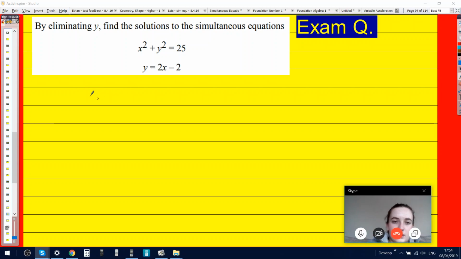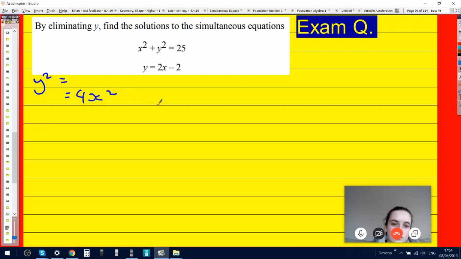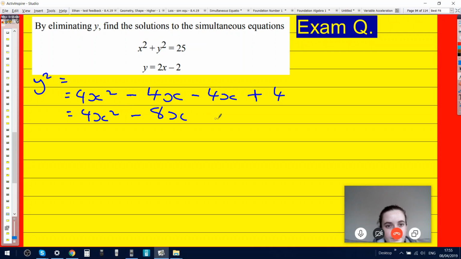Y squared equals 4x squared minus 4x minus 4x plus 4, which is 4x squared minus 8x plus 4.